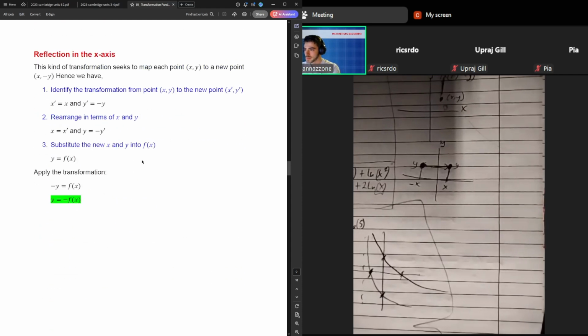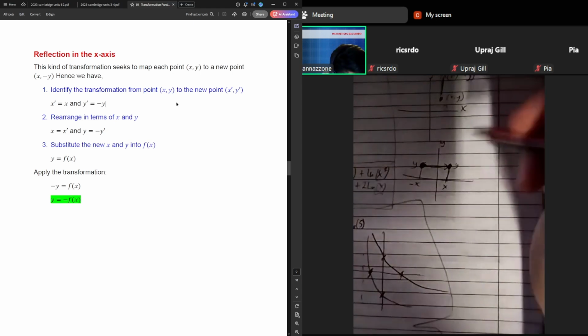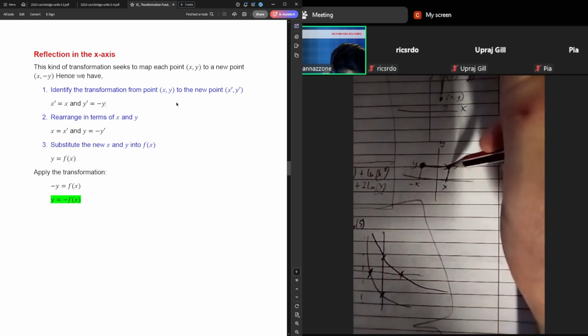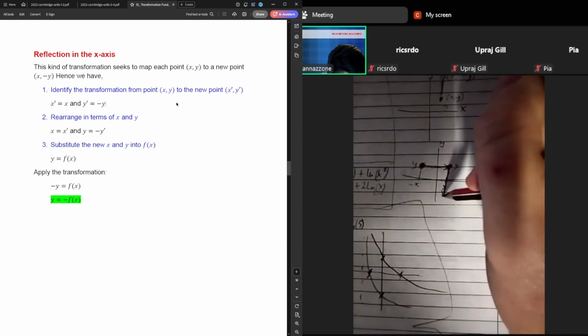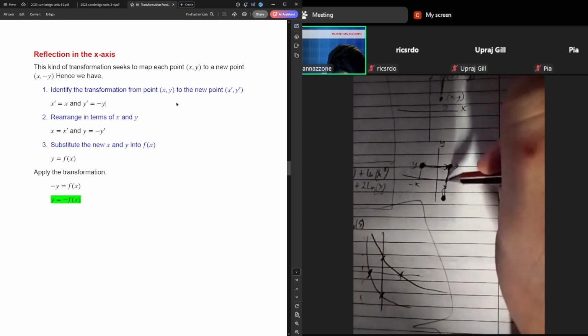Okay. Reflection in the x-axis is the opposite. This time, your x-axis is the mirror, so you're going to be flipping vertically instead of horizontally. Hence, the negative sign is going to go on the y. Again, if I look at my axes, I've got some point but this time the x-axis is the mirror, so I'm flipping downwards down to here.